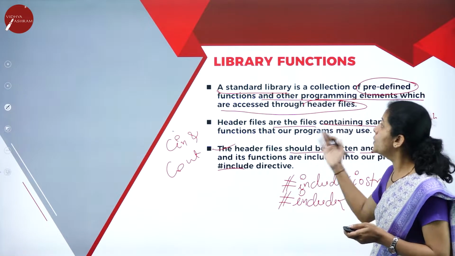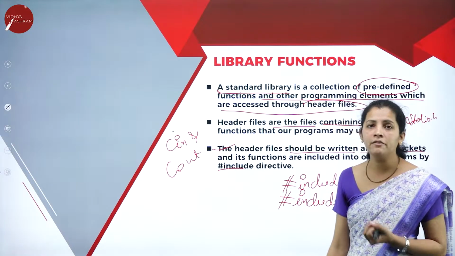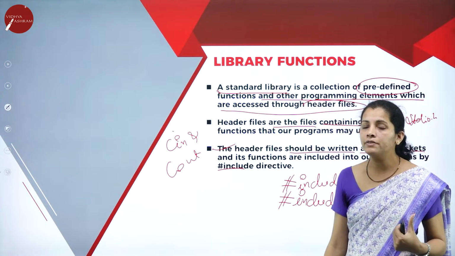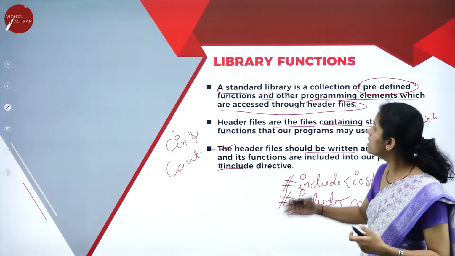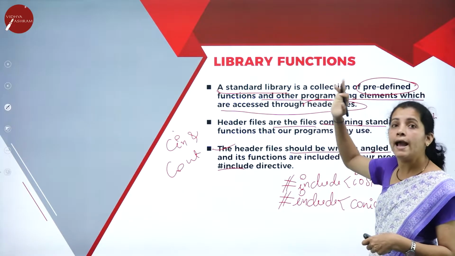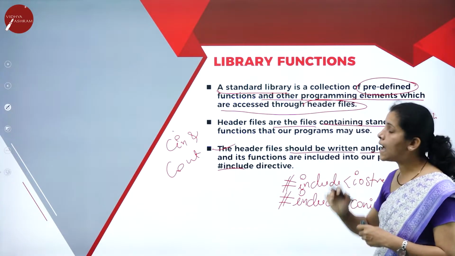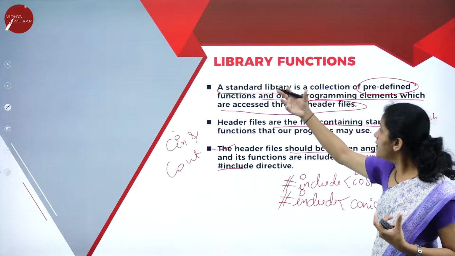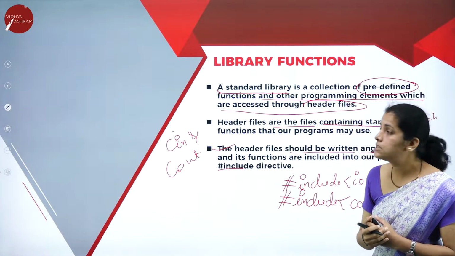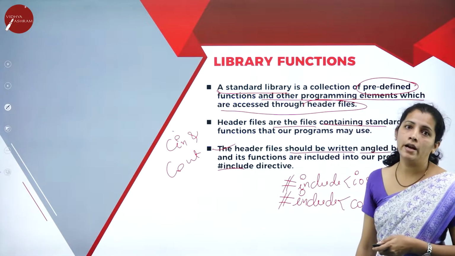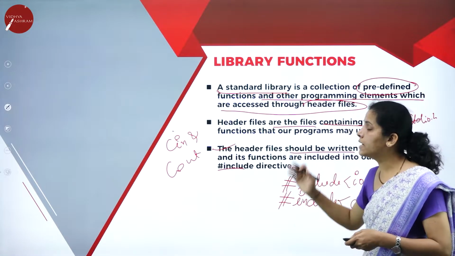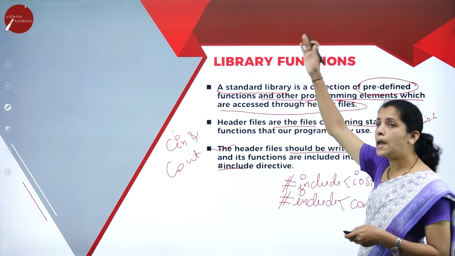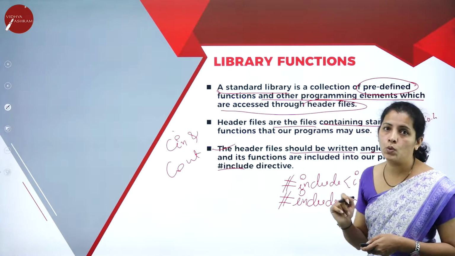This is the way we can use library functions. So what is a library function? Library functions are predefined functions along with their programming elements. And how can I access those standard library functions? By using header files. This is the way I can use the library functions in my program.